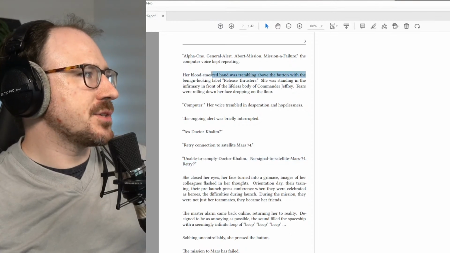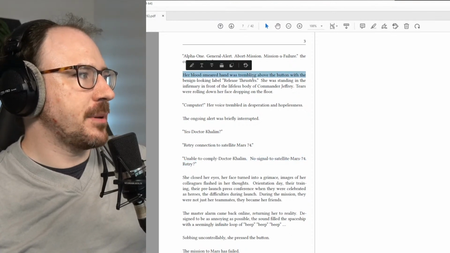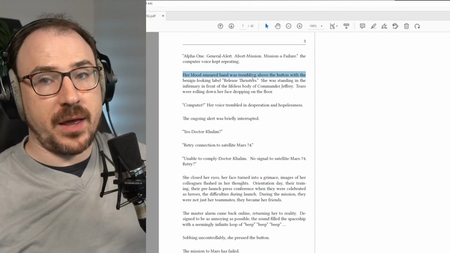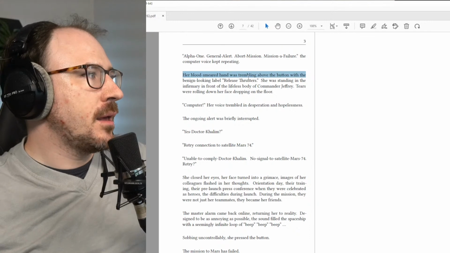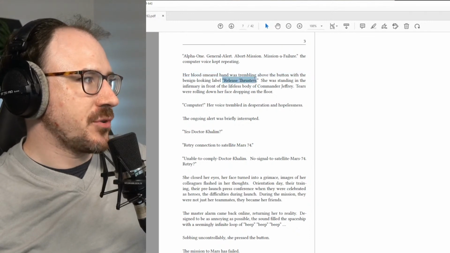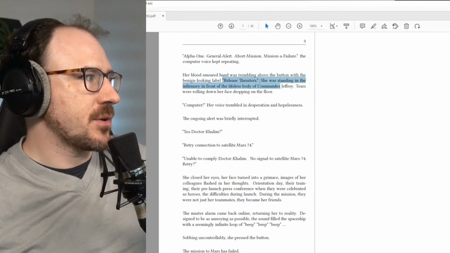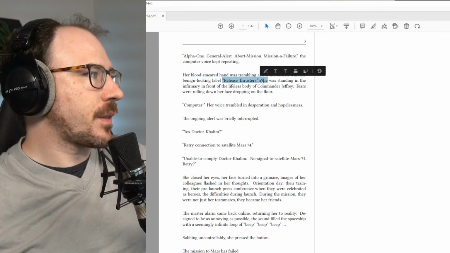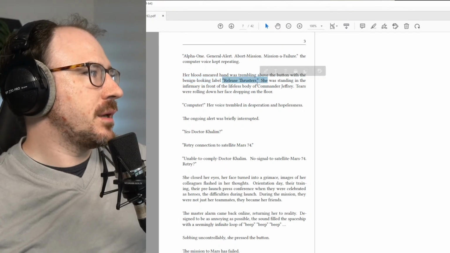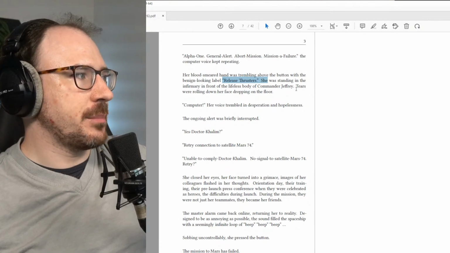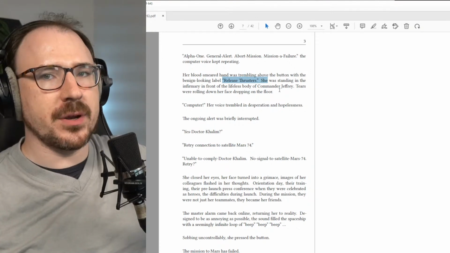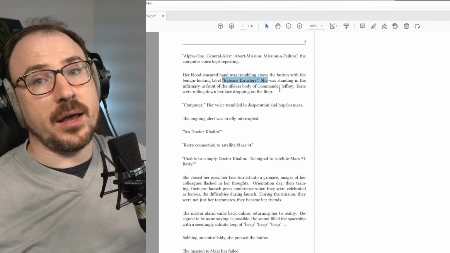Here, her blood-smeared hand, so something must have happened, a fight, an internal fight, or was it an accident? And something with released thrusters, but that doesn't really help us with what's going on. They are in the infirmary, so she probably brought the commander to the infirmary and tried to rescue him.